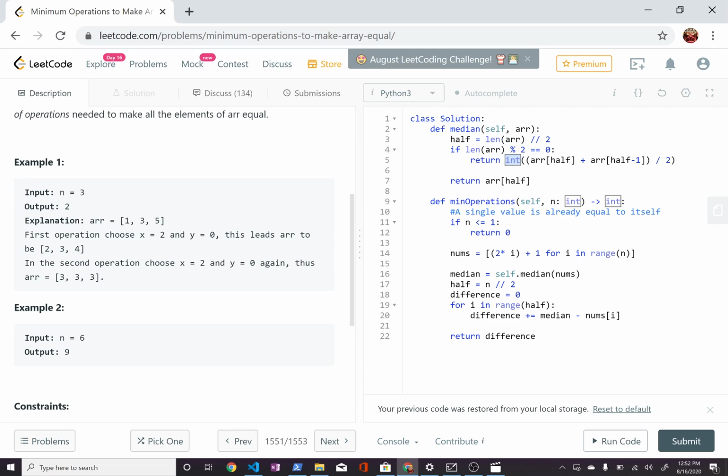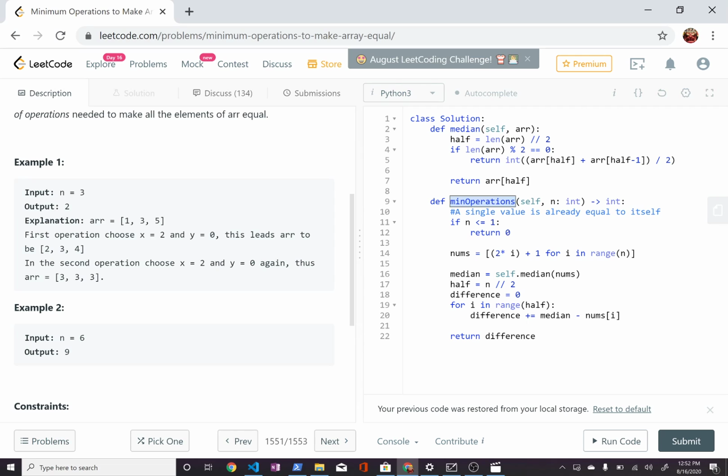But we need to parse it to an int because the LeetCode solution expects integers as an answer and not floating point values. So even if we were like 6.0, LeetCode wouldn't like that. It wants 6 exactly.